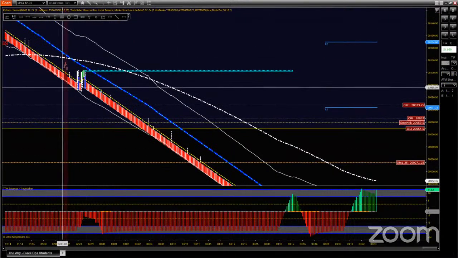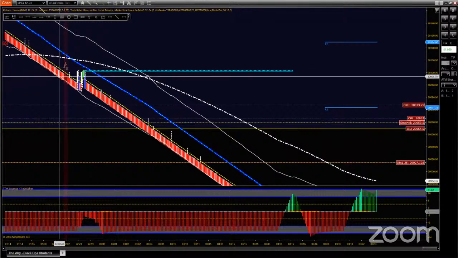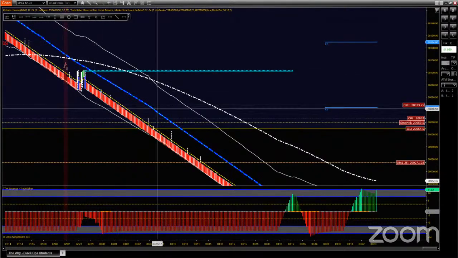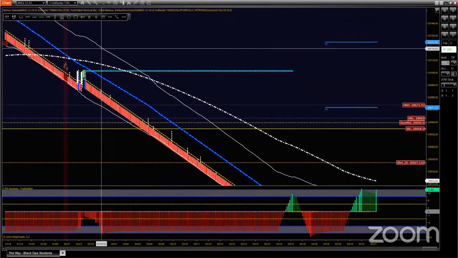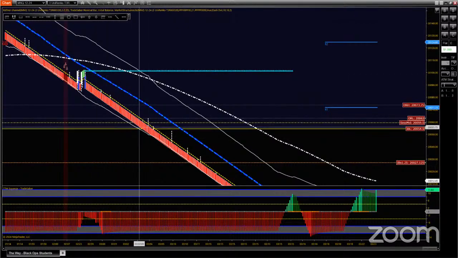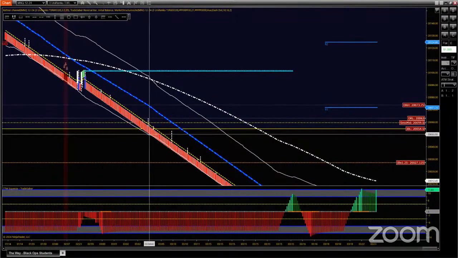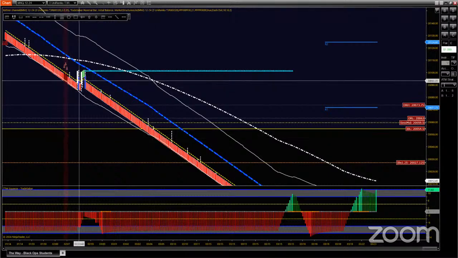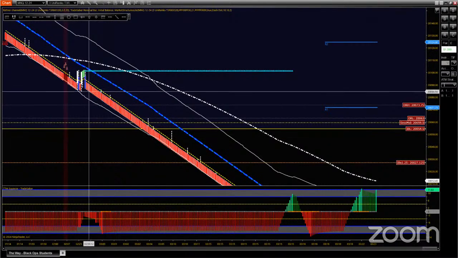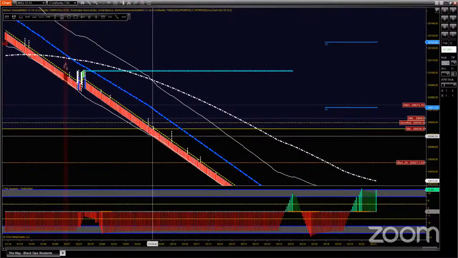You still have the outer and lower band. You can take that out if you want, but I leave it there as a profit target. For example, if you took a trade down here, where's your profit target? The outer band gets down there.